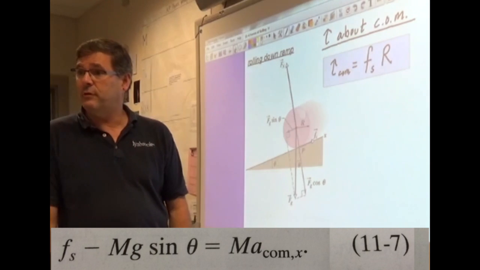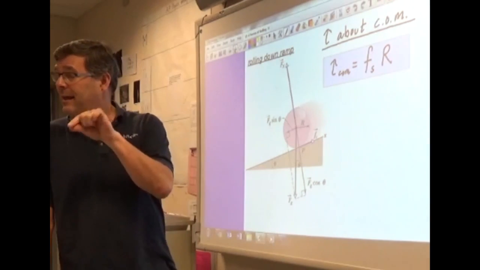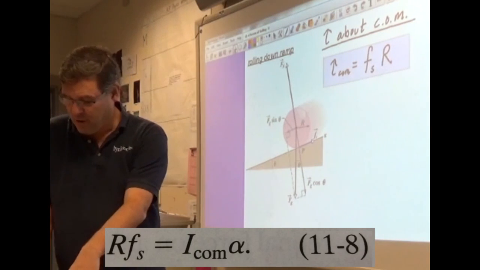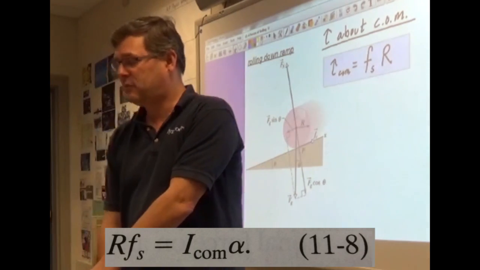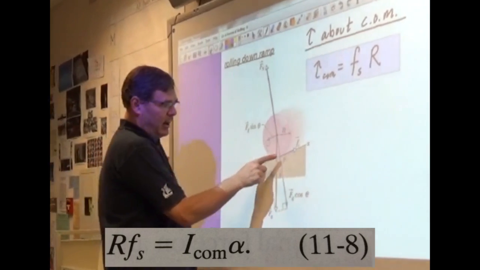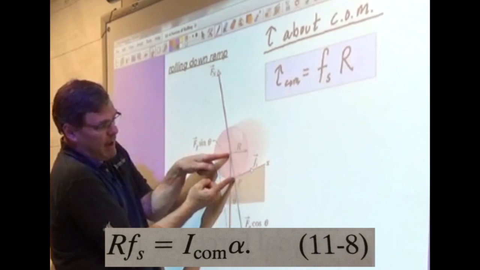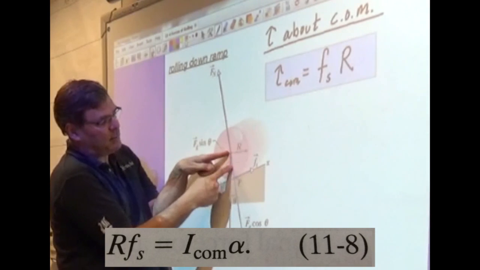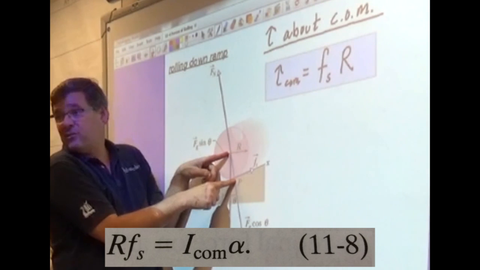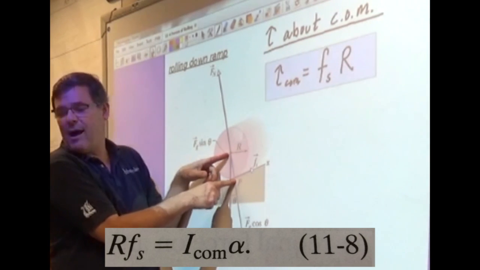And they're going to do an analysis by combining that equation with Newton's second law for rotational motion, equation 11.8 on page 279. R times Fs, we recognize Fs times R, that's the distance between the axis of rotation and the point where the force is being applied. So that's the torque. Torque equals I alpha.